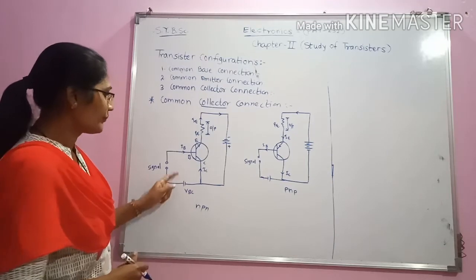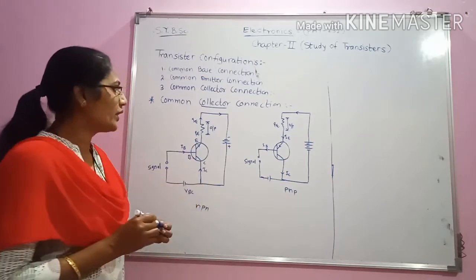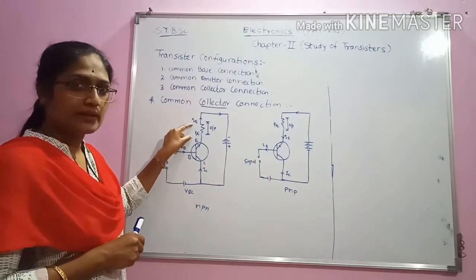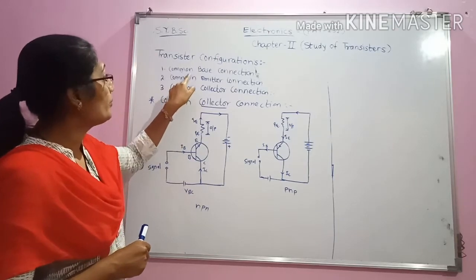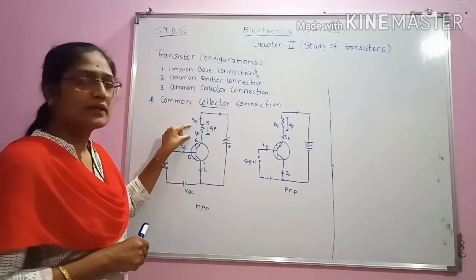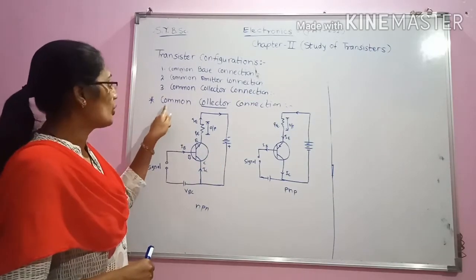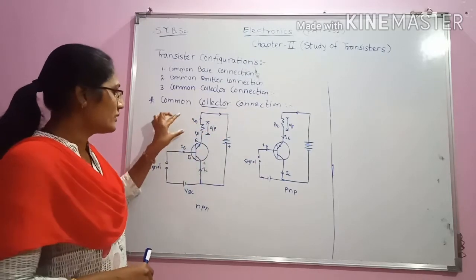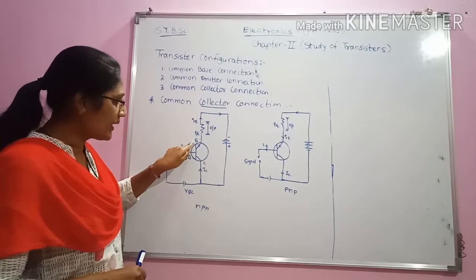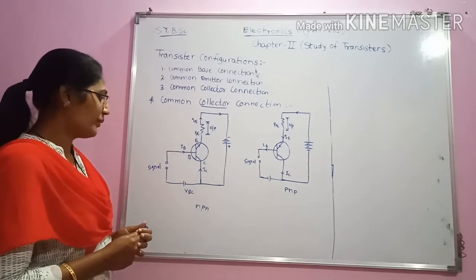And then here if we recall the presence of this resistor in a circuit in case of common base and common emitter connections, then this resistor is present in the collector circuit. But in case of common collector connection, this resistor is present in the emitter circuit. That we have to remember.